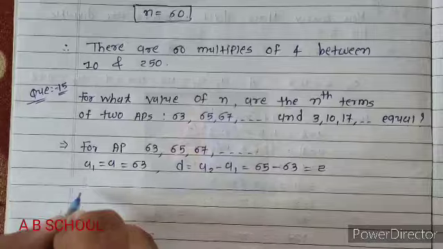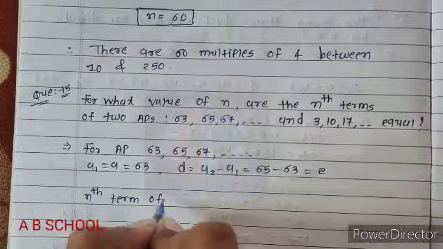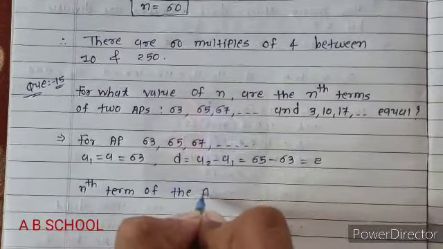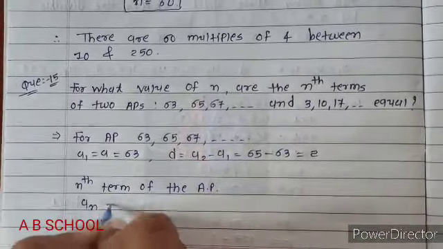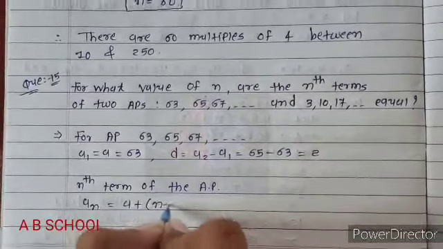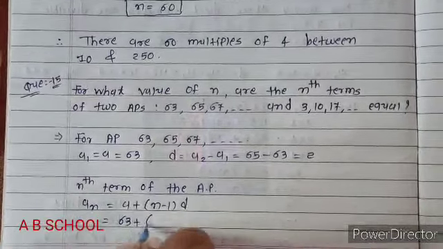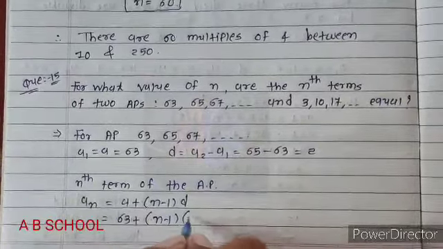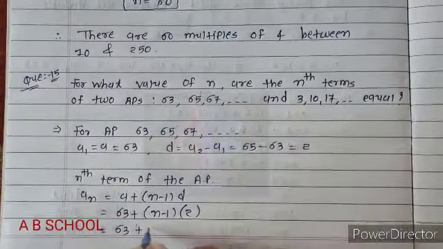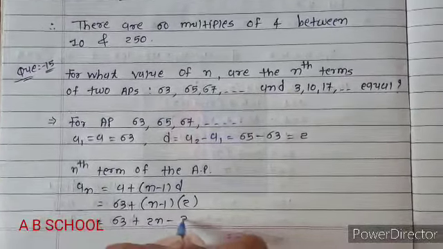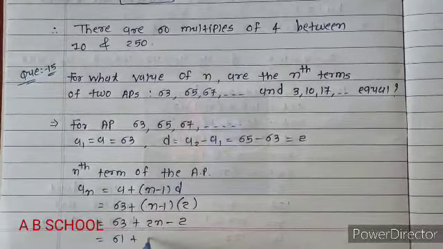Now for the nth term of the AP, by using a standard form, an is equal to a plus n minus 1 into d, value of a equal to 63 plus n minus 1 as it is, and common difference d is 2. 63 plus n into 2, 2n minus 2, 63 minus 2, 61 plus 2n.